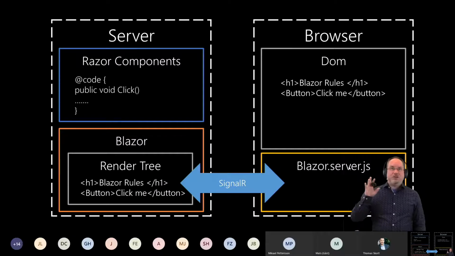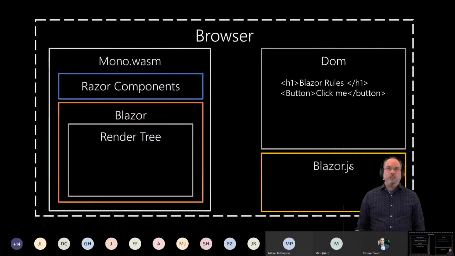So here we have the server side again. We have the server side over there and the browser here. If you compare that to the WebAssembly version, the only thing that changes is where things are running, basically. We are now running inside of the browser. The browser is running the mono runtime.